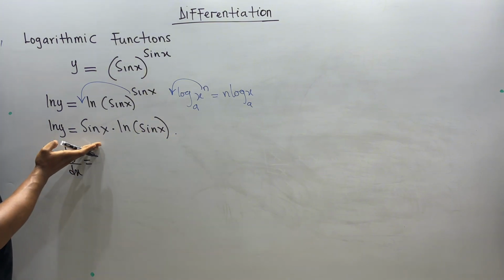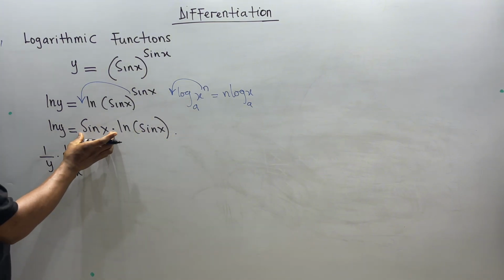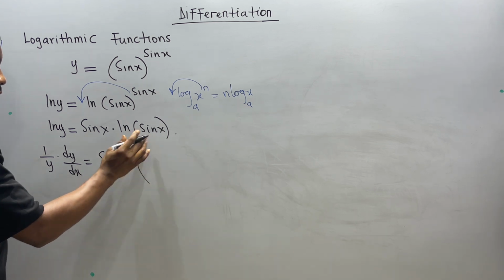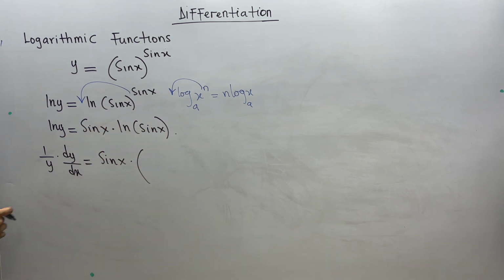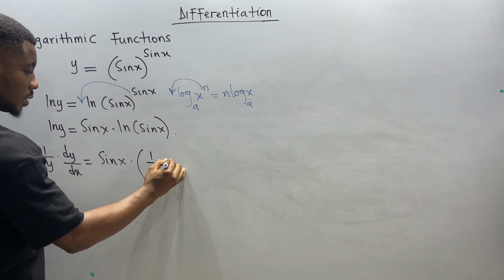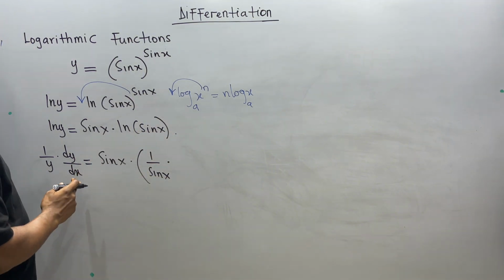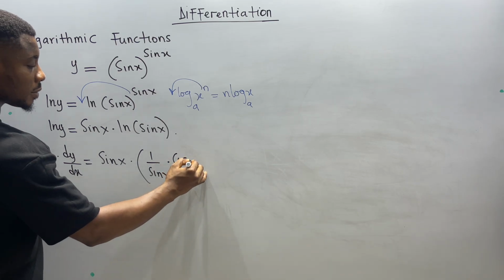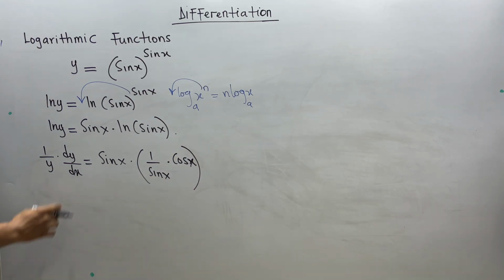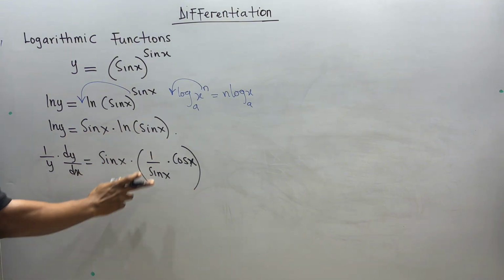Derivative of what we have here, we apply product rule. We keep sine x. Then if I differentiate ln sine x, remember, it's 1 over sine x dot the derivative of sine x, that will be cos x. Now this is u dv over dx.